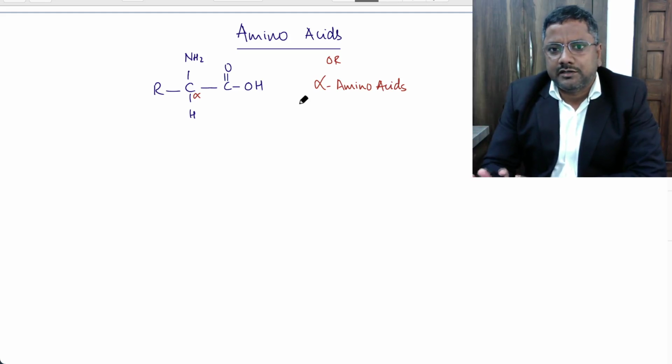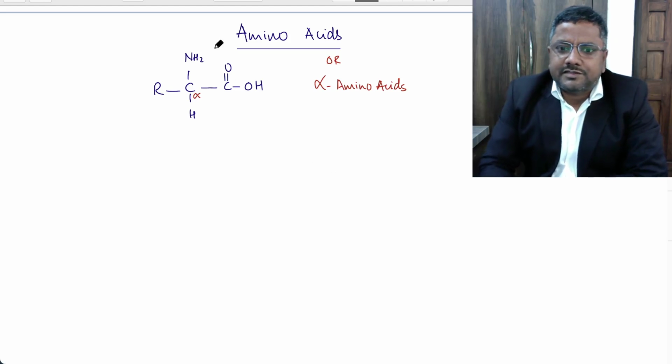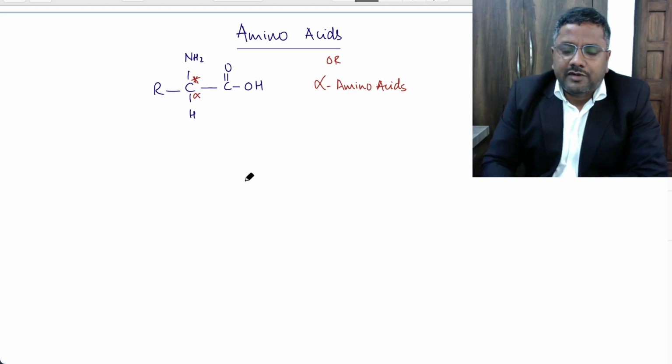So our focus is mainly on this. If you see, this is a primary amino group at the alpha carbon with respect to the carboxylic group. Here, if you closely observe, this alpha carbon is stereogenic, and this is very important. So can we say that alpha amino acids are chiral?